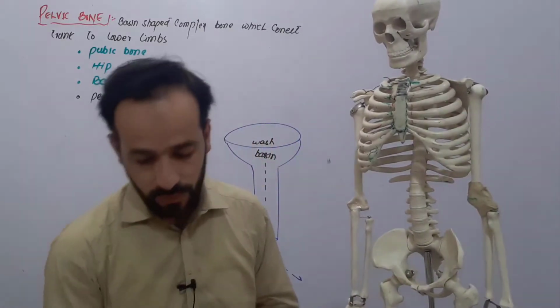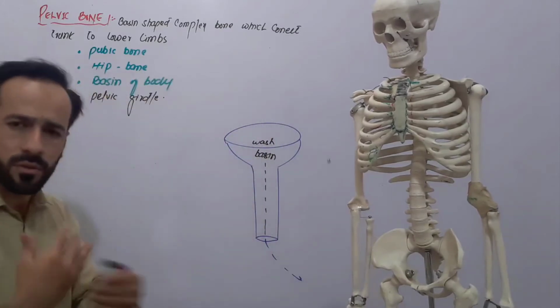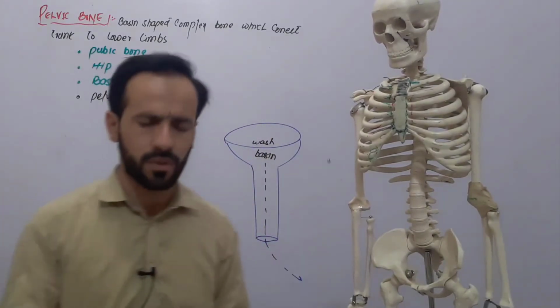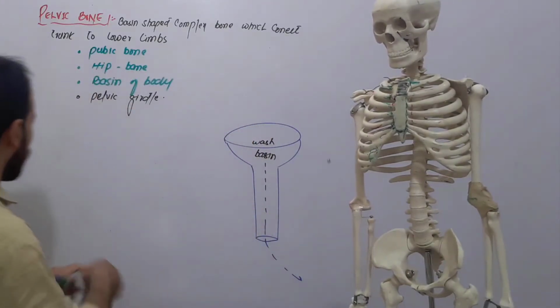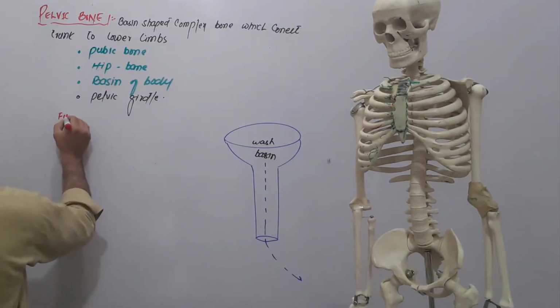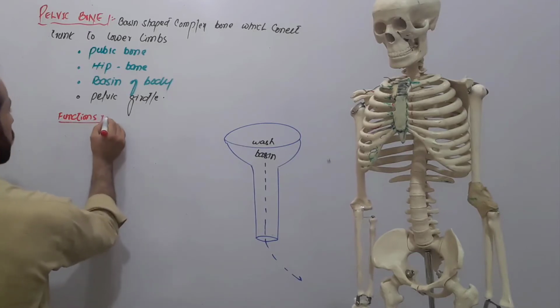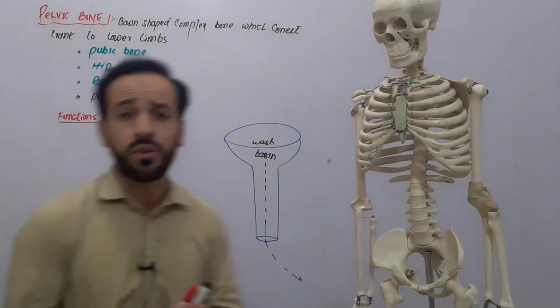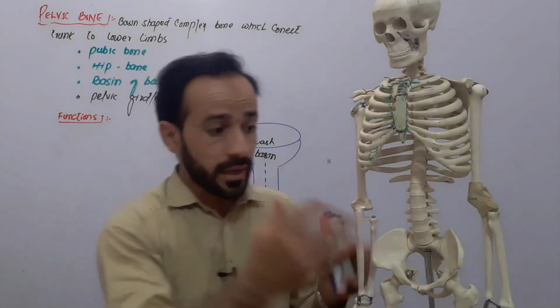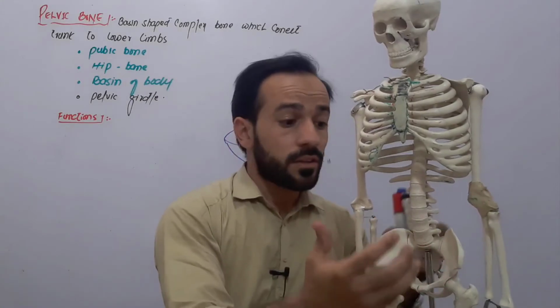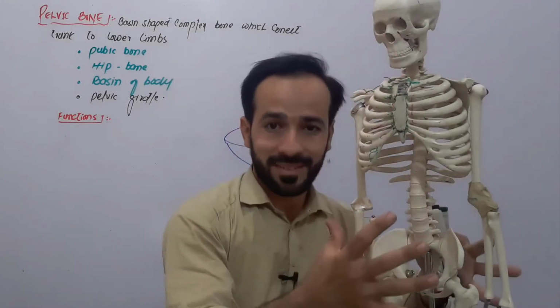Now the next important point about the pelvic bone, we will go into detail, don't worry, and we will record it completely. What are the functions of this pelvic bone? What does it do? The first and important function is that this bone supports your upper skeleton.